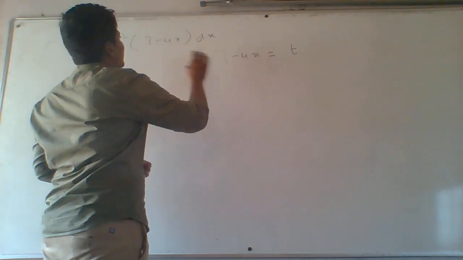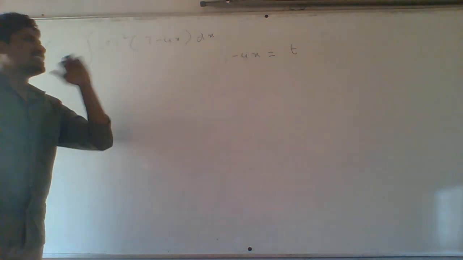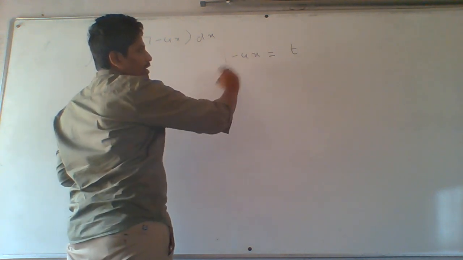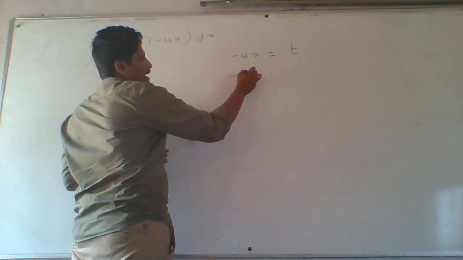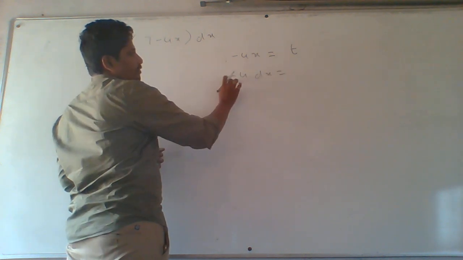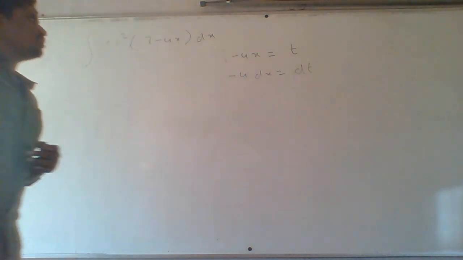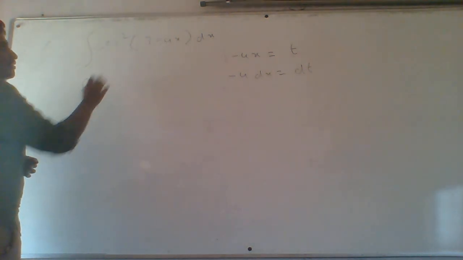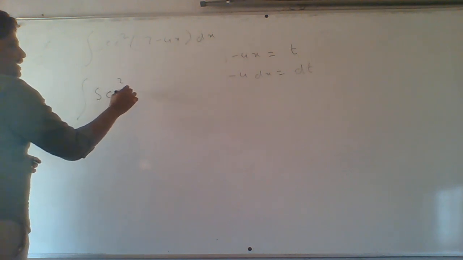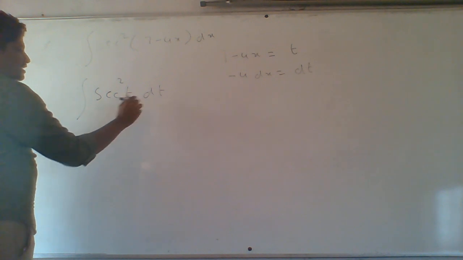Here let us solve by the substitution method. Assume 7 minus 4x as t. Apply derivative on both sides: minus 4 dx equals dt. In the place of 7 minus 4x, we put t, and in the place of dx we put dt by minus 4.